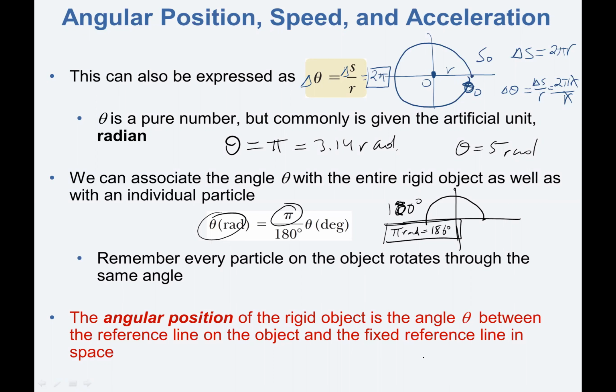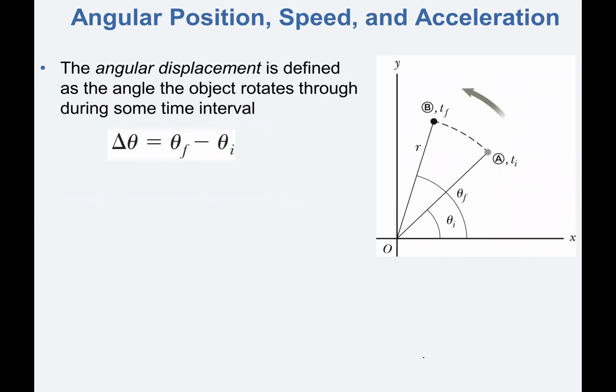All right, so here's, for example, how we can set up this angular displacement. You have a particle at position A, at time t initial, okay? With respect to a reference line, the particle at point A has a position theta I. That means, maybe let's say, pi over 4 or something like that.